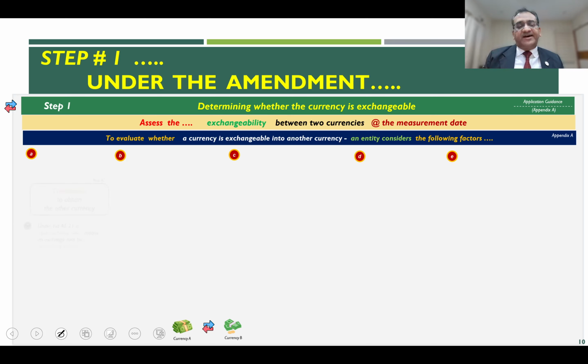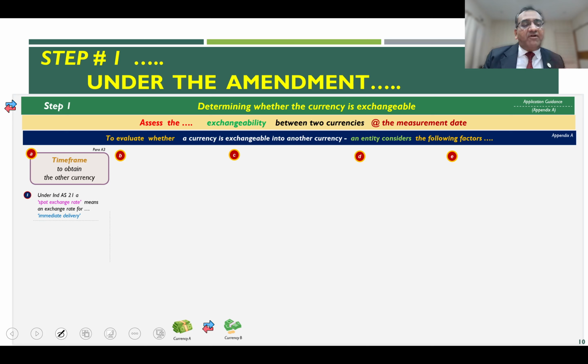The first factor, covered in paragraph A3 in the application guidance, says you have to look at the time frame within which an entity can obtain the other currency. So for example, if you have currency A and currency B, in our example euro and Bolivar, the first factor is the time frame within which these two currencies can be obtained.